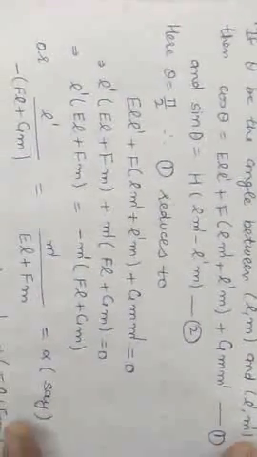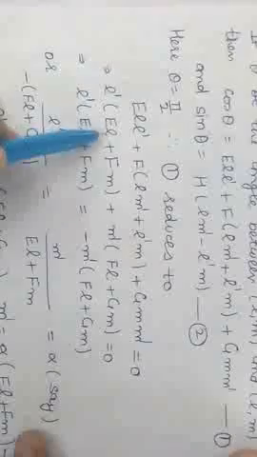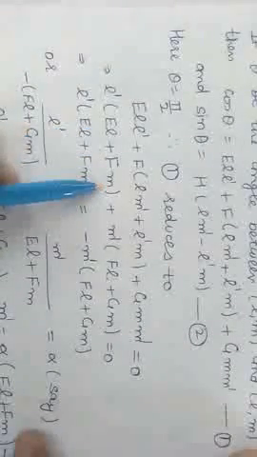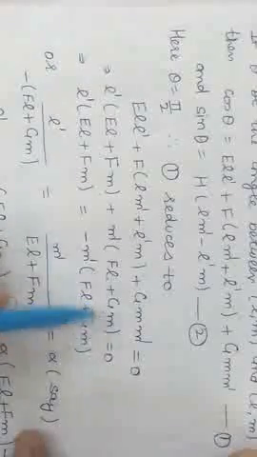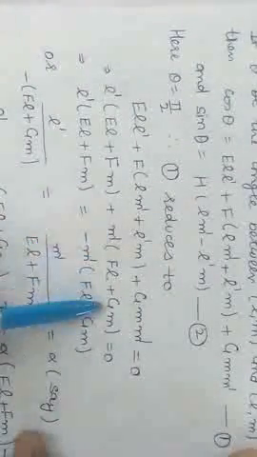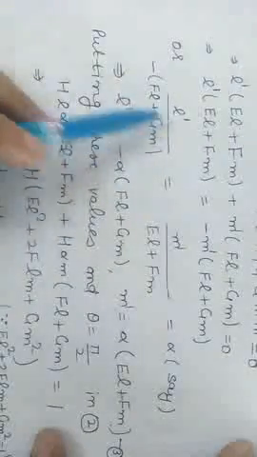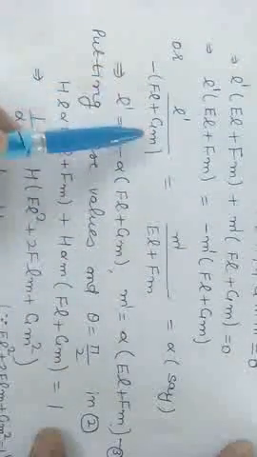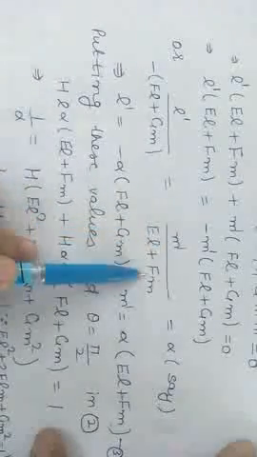Now let us combine the terms with l' and m' separately. The terms with l' are E l and F m, and the terms with m' are F l and G m. Now from here we can shift this term to the right hand side, and by interchanging these two terms we get l' upon minus (F l plus G m) is equal to m' upon (E l plus F m).